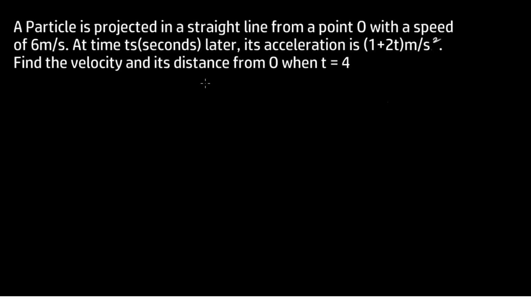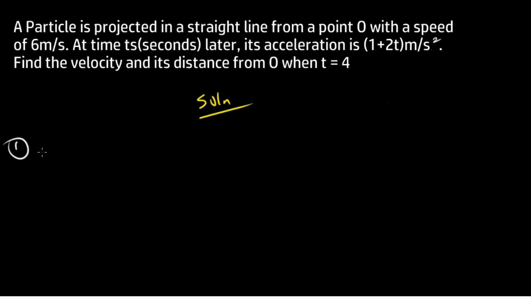At time t seconds later, its acceleration is 1 plus 2t meters per second squared. Find the velocity and its distance from O when t equal to 4. So in this particular example, we're looking for two things, the velocity and also the displacement.